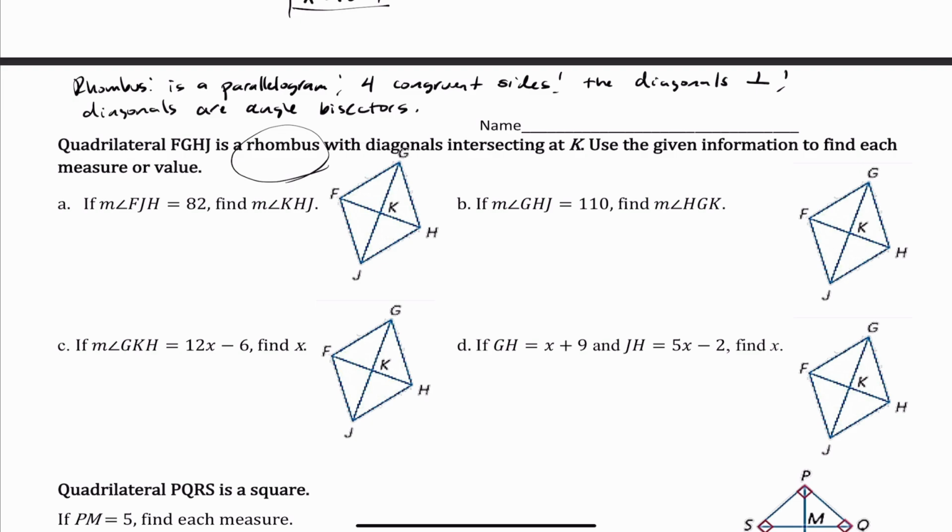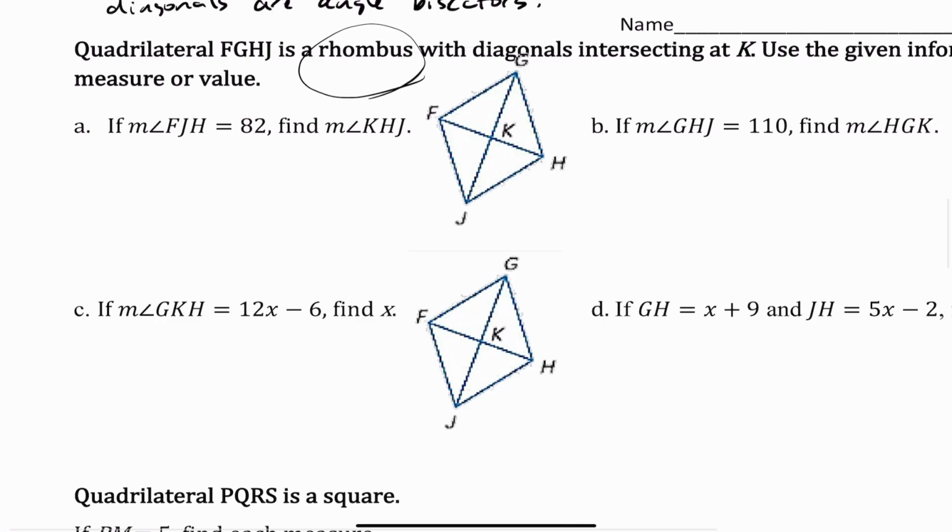If I'm looking at A, if the measure of angle FJH is 82, so we're looking at FJH, this angle here is 82 degrees. Find the measure of angle KHJ. So I'm looking at this angle here.